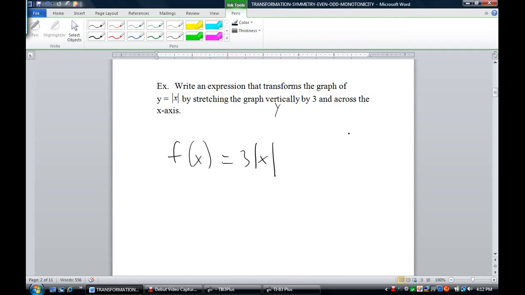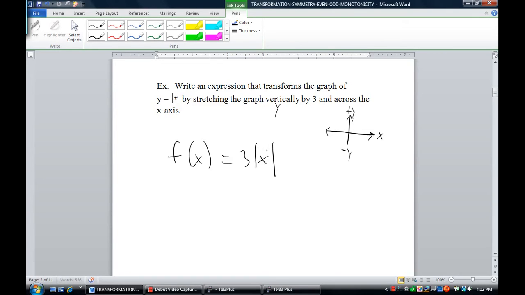Now across the x-axis, once again, let's just draw an x-axis. Up here we have positive y's, and down here we have negative y's. Since it's going across the x-axis, we're changing our y's from positive to negative.